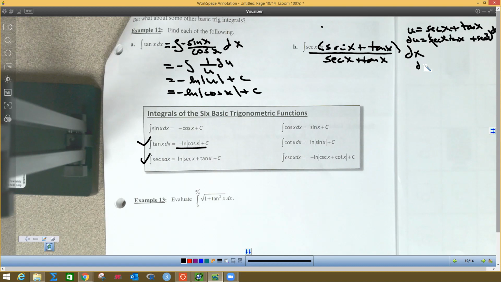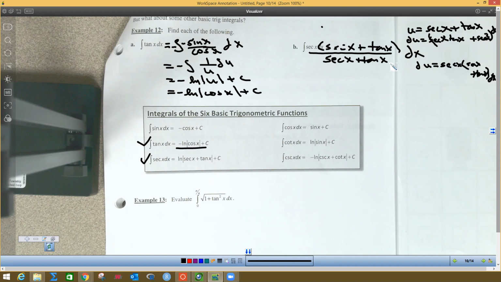And then that du, if I factor out my common factor of secant in both of these, I can take a secant out. And that's going to leave, I'm going to move this to the front, secant x plus tangent x dx.